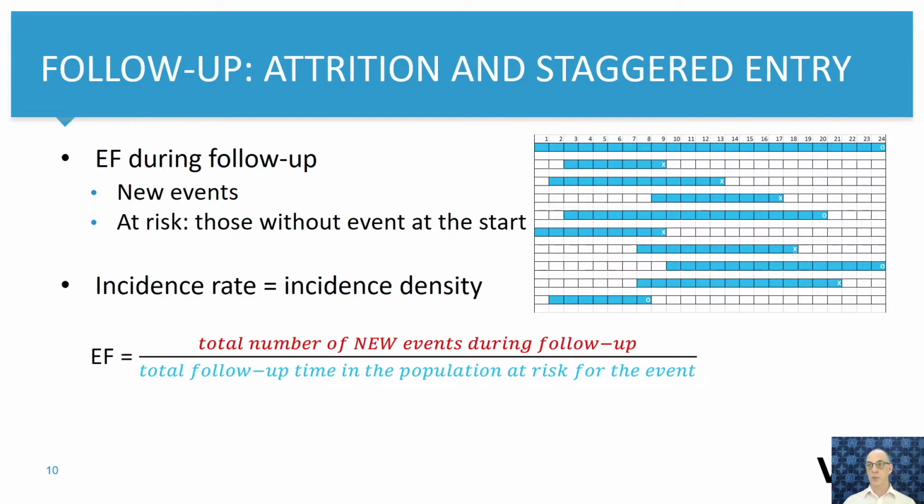Instead of the total population, we will take the total observation time, which gives us an incidence rate or incidence density, the number of new events during follow-up divided by the total follow-up time in the population at risk for the event. So actually we add each of the blue squares to come up with the total follow-up time in our cohort.